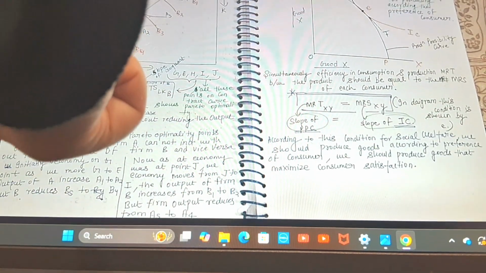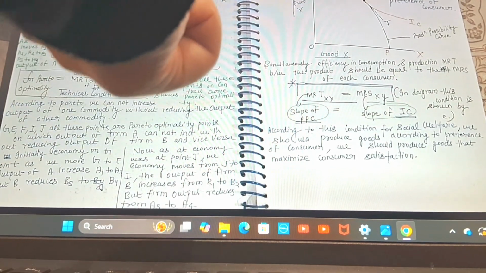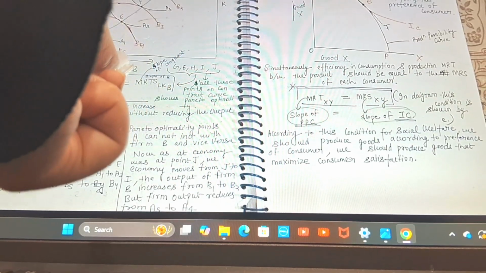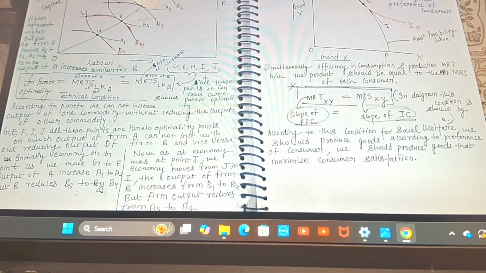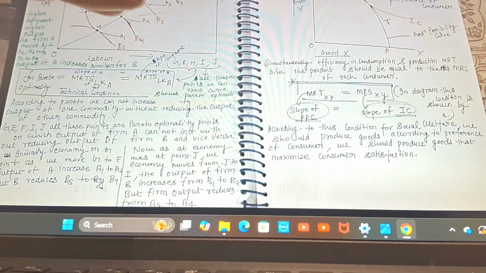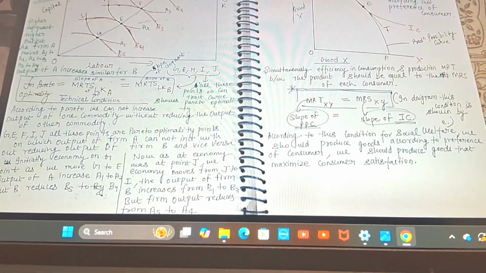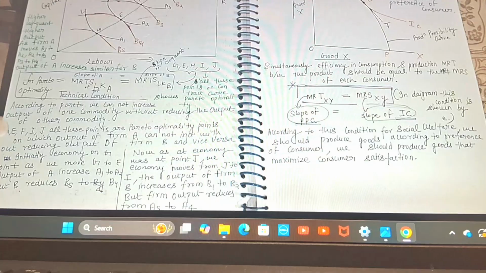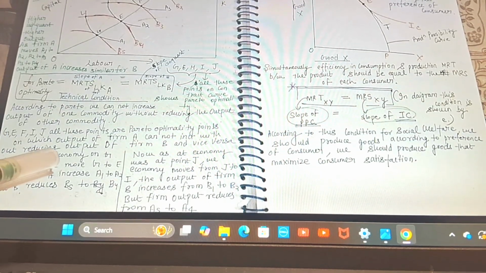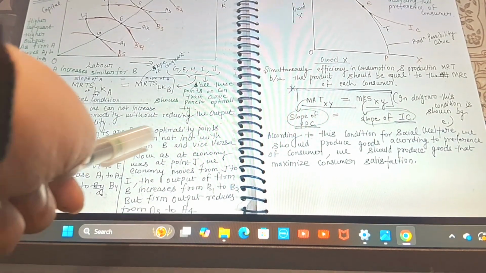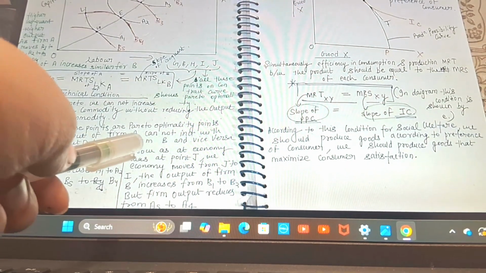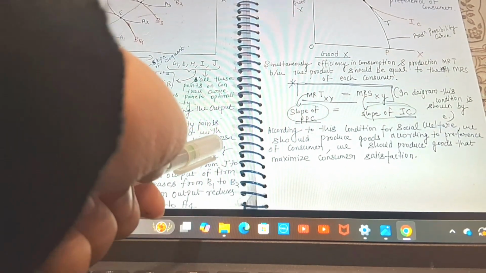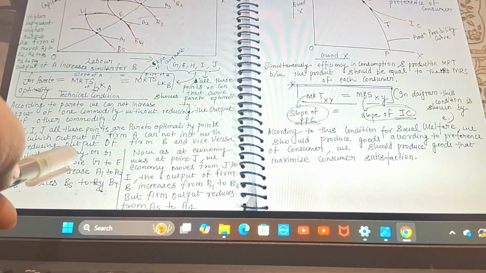So as we increase the output of A, the output of B is reducing, and as we increase B's output, A's output is reducing. So G, E, H, I, J, all these points are Pareto optimality points on which the output of firm A cannot increase without reducing the output of firm B, and vice versa.